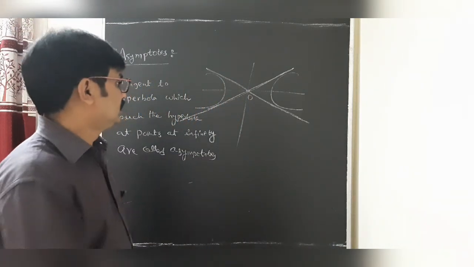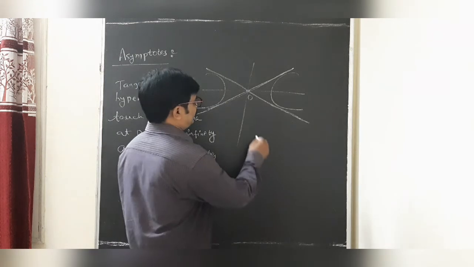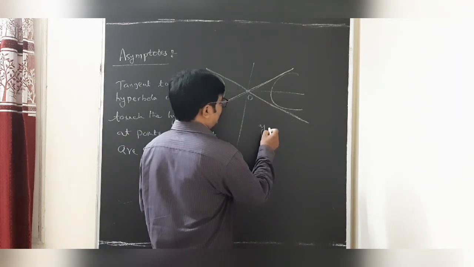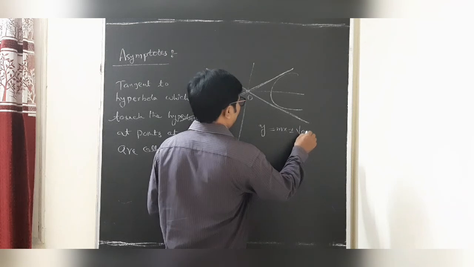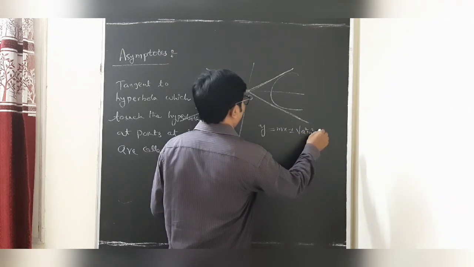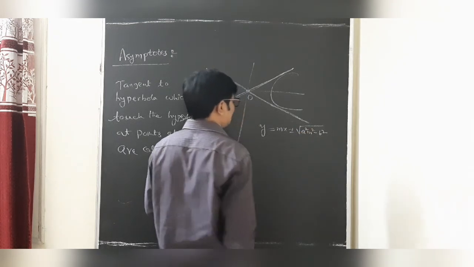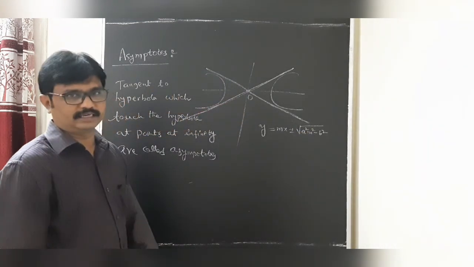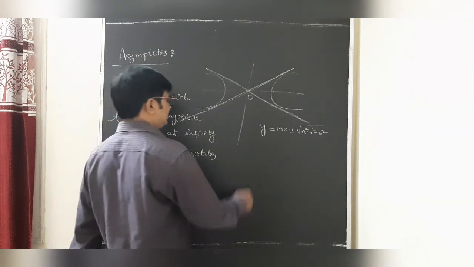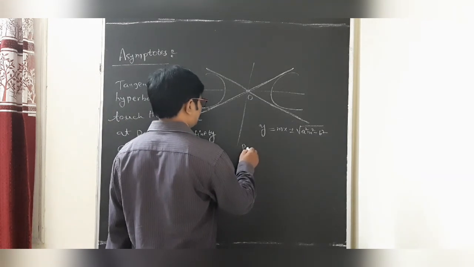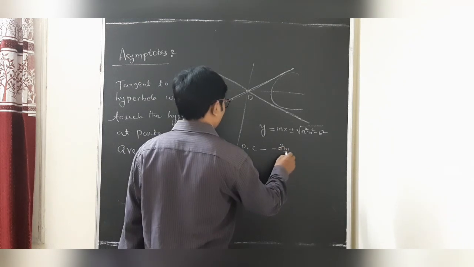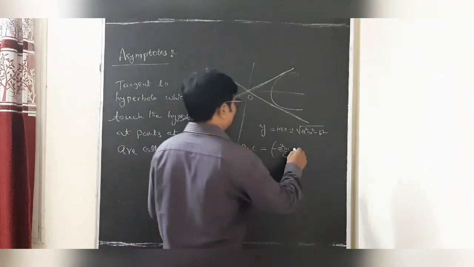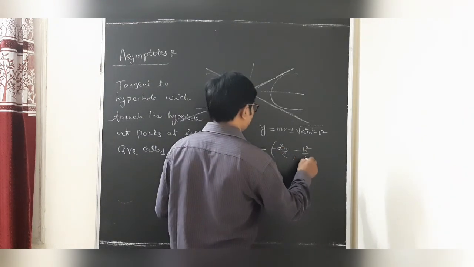So students, suppose we know the equation of the tangent. What is the tangent? y = mx + root of (a²m² − b²). What is the point of contact? Yesterday we discussed the point of contact of this one: (−a²m/c, −b²/c). Remember that, students: minus a squared m by c, comma minus b squared by c.